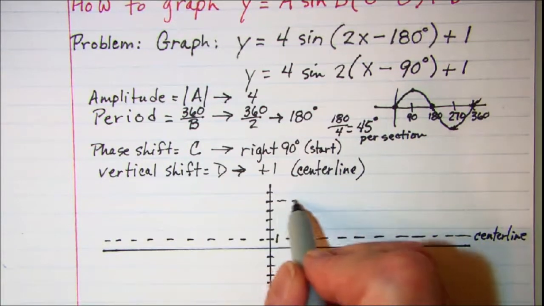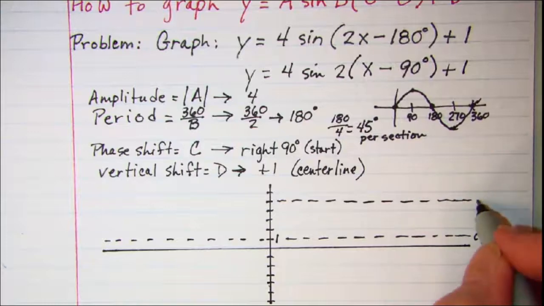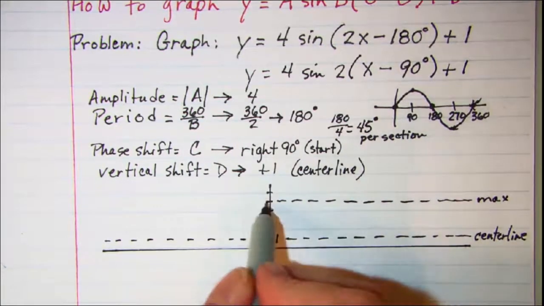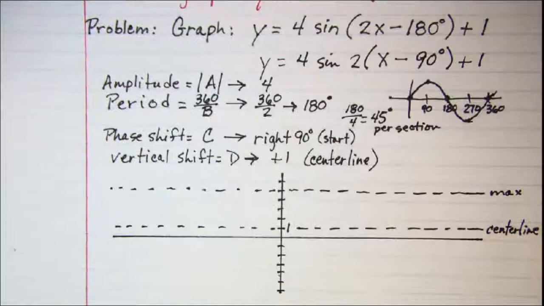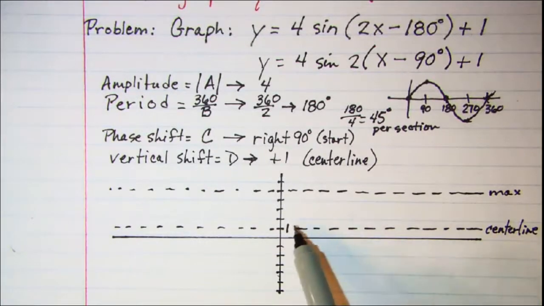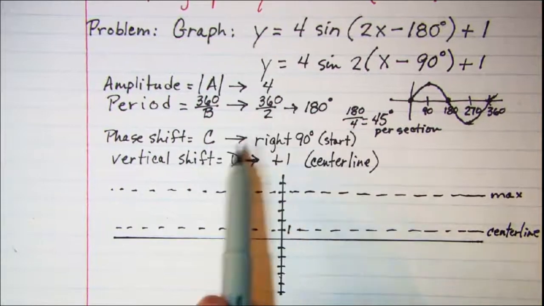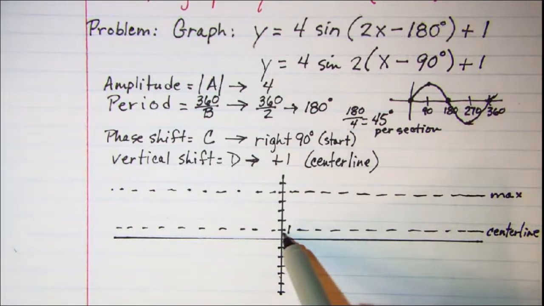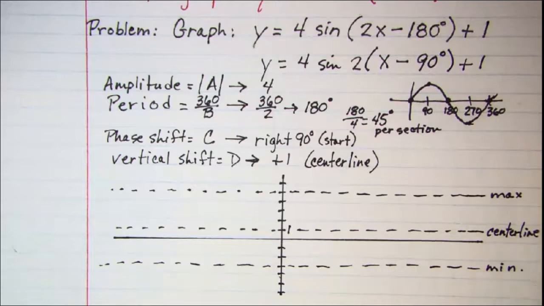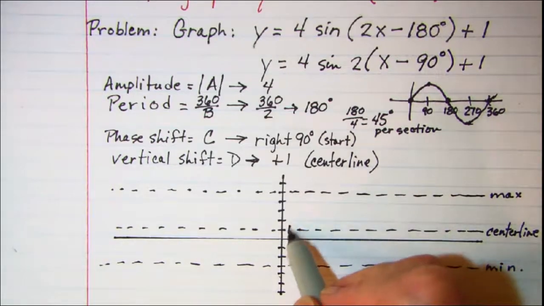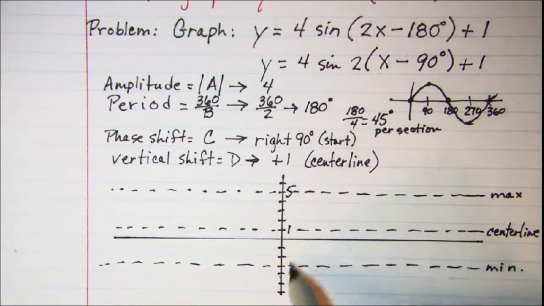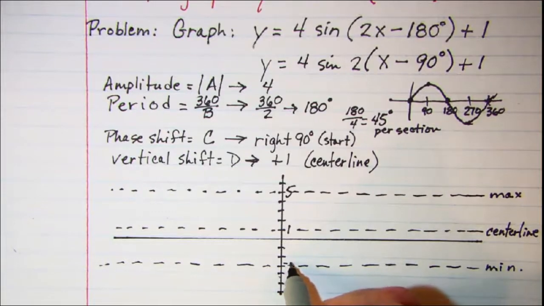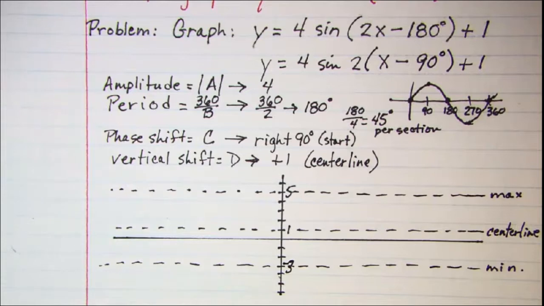And this is going to be my max. And these are just guidelines, but I find that they're very helpful until you really get good at this. Then my minimum guideline is going to be 4 down from the center line. So there's 1, 2, 3, 4. And this is my min. Okay. Now the values that we need to label here, 1 plus 4, this would be 5. And then 1 minus 4, this would be negative 3. So that's our labels there.